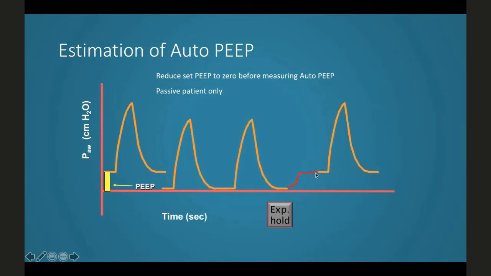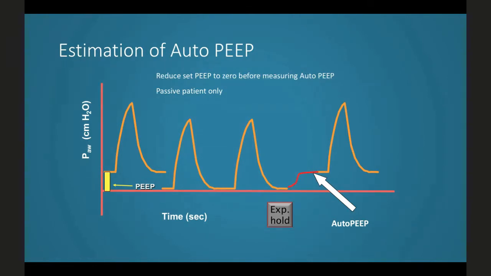So whatever positive pressure is measured at this point of time is caused by the dynamic hyperinflation or inadequate exhalation, and this is the intrinsic PEEP. Clear? So this can be done only on passive patients, and you reduce PEEP to 0 and then give an expiratory hold. Whatever positive pressure you measure is auto-PEEP.